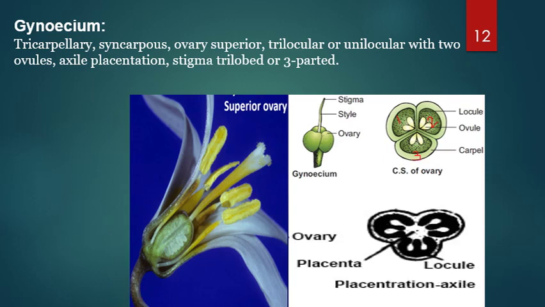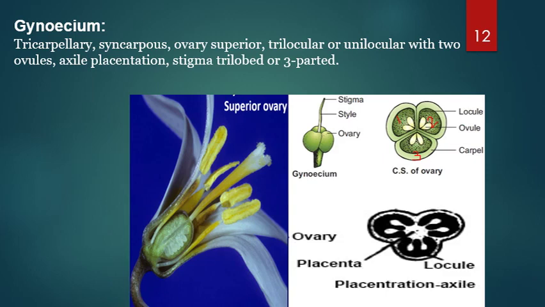All these carpels are fused together, so they are syncarpous. So syncarpous, in this case, gynoecium consists of more than one fused carpel, and these fused carpels form compound ovary.